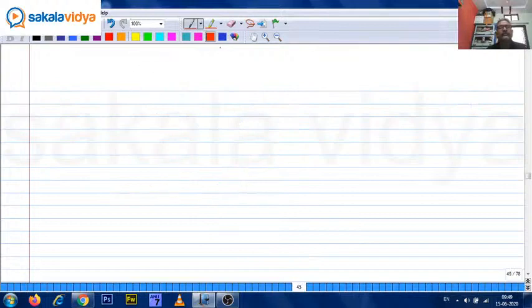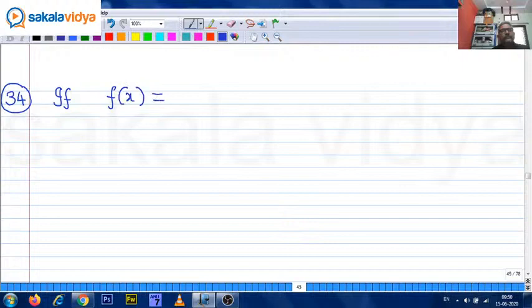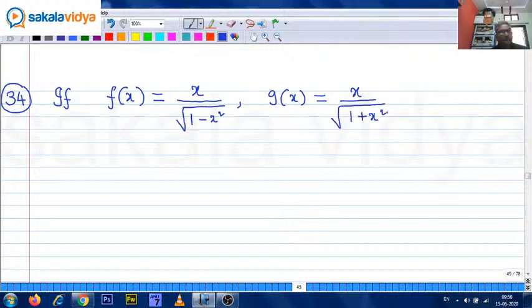Question number 34. If f of x equals to x upon root of 1 minus x square, g of x equals to x upon root of 1 plus x square, then f circle g of x.